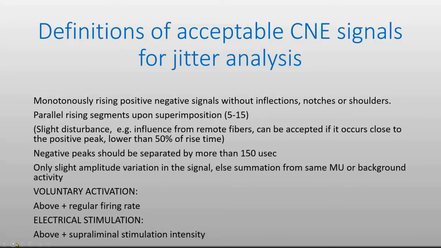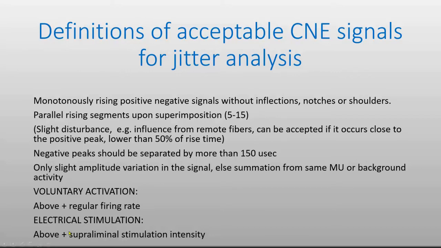This is best seen as parallel rising segments when we superimpose 5 to 15 discharges. For quantitative analysis, the negative peaks should be separated by more than 150 microseconds, and even more if we have an amplitude level method for jitter measurement.